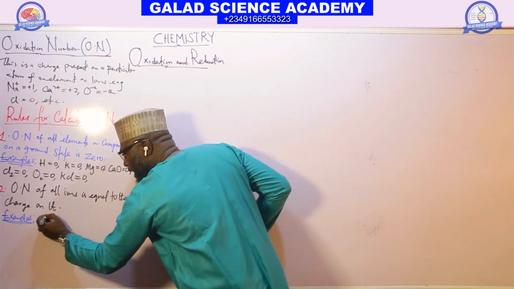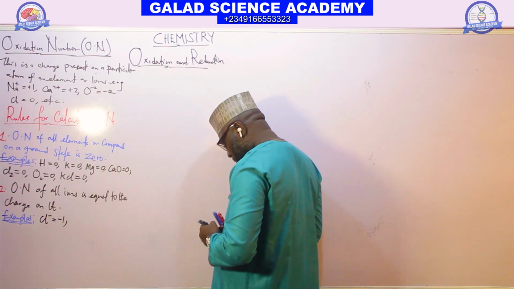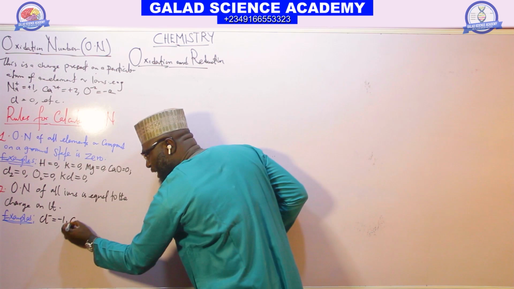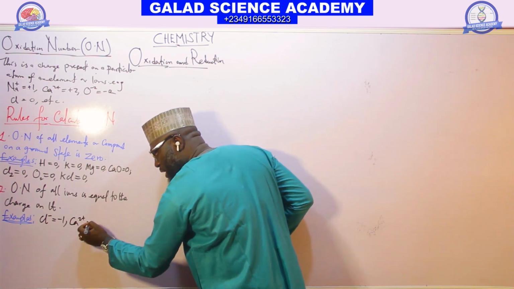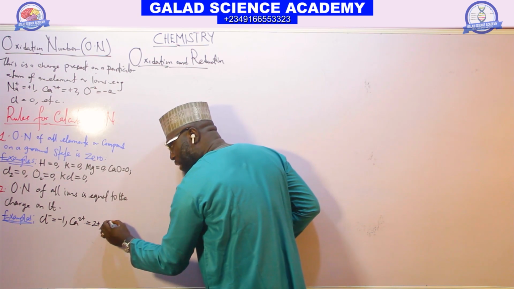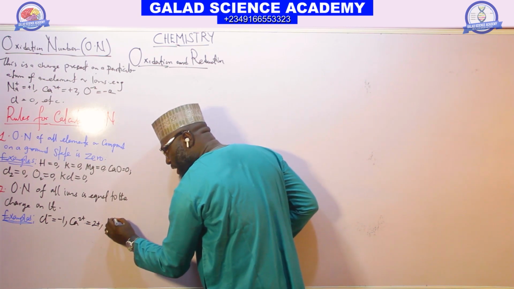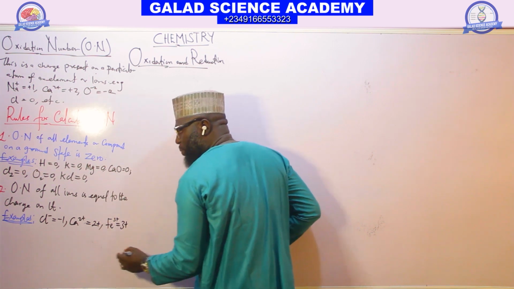If you have Cl minus, what's the oxidation number? -1. If you have calcium 2 plus, the oxidation number is 2 plus. If you have Fe3 plus, the oxidation number is 3 plus.